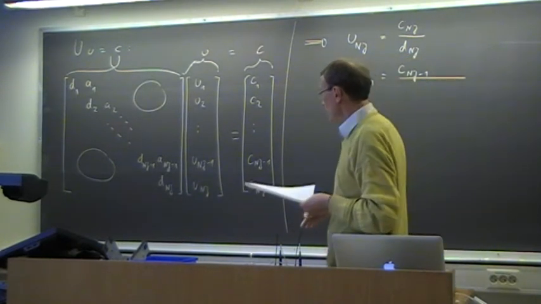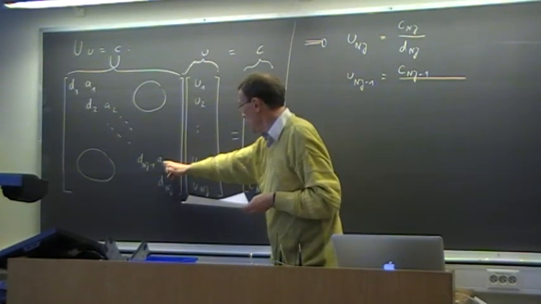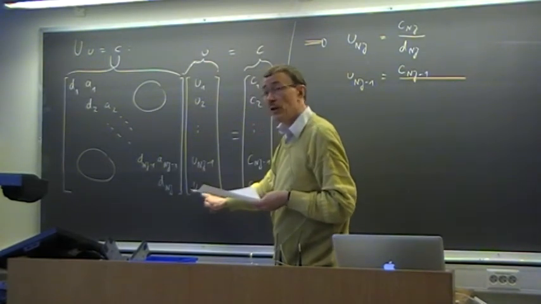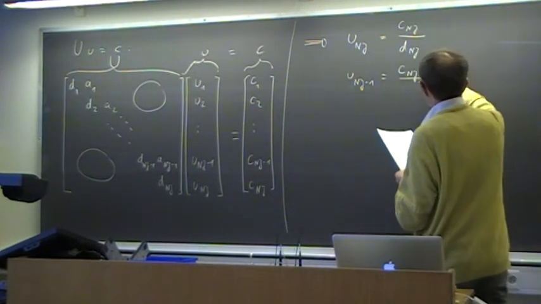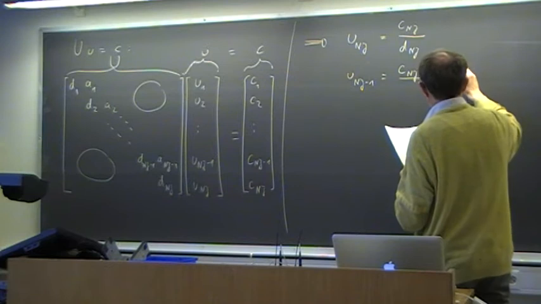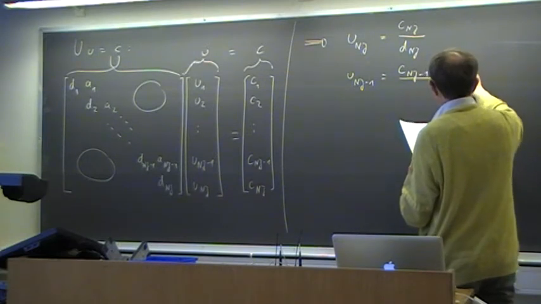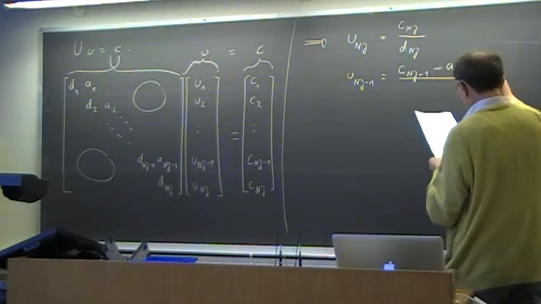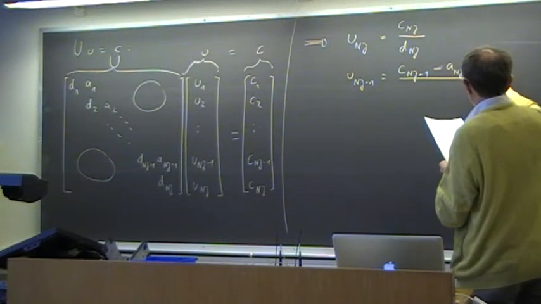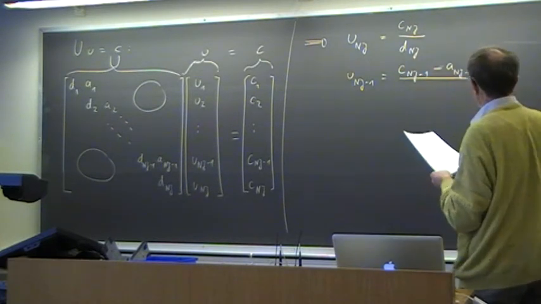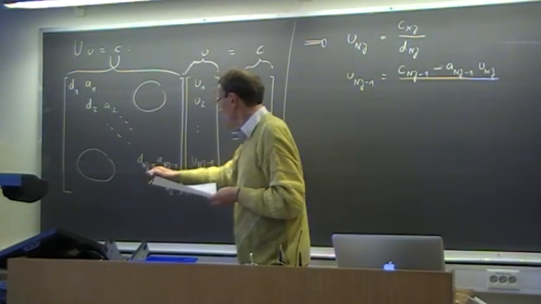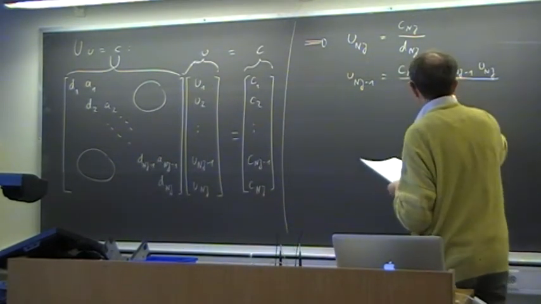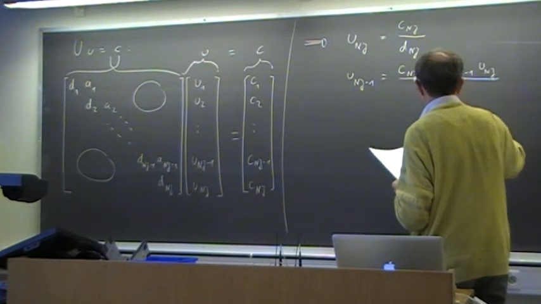Then we'll have the minus a nj minus 1 times the u nj, which we know, so we therefore get on the right hand side with a minus. Minus a nj minus 1 times the u nj that we have just determined. And then we have to divide by the diagonal element, which is the d nj minus 1.